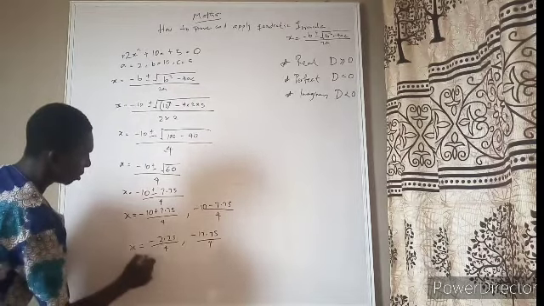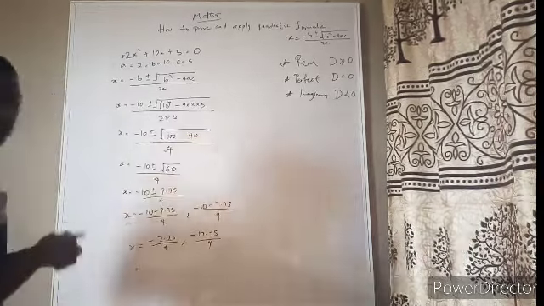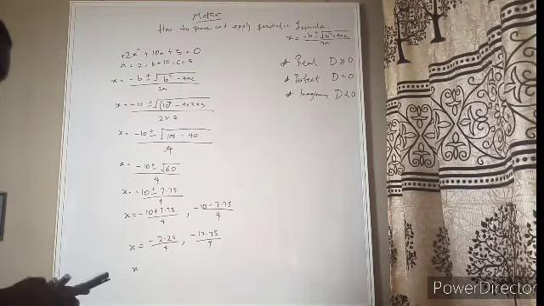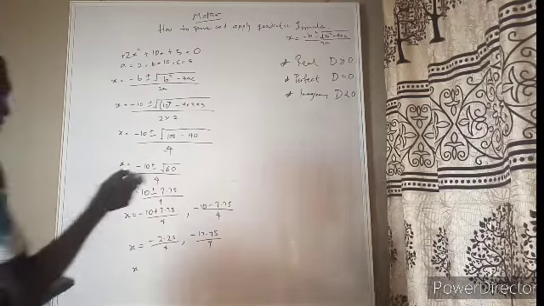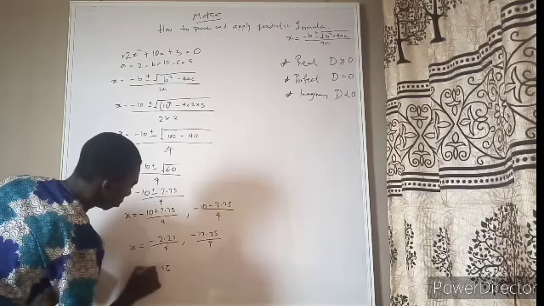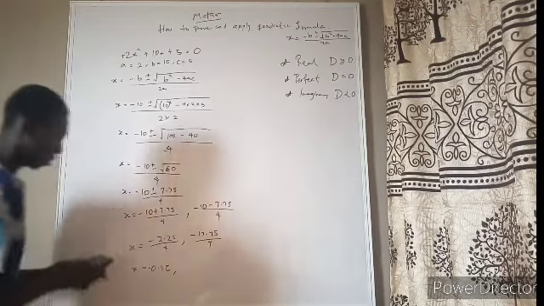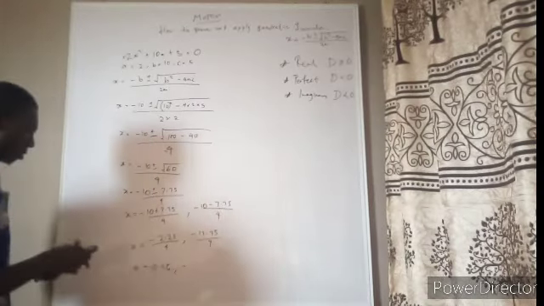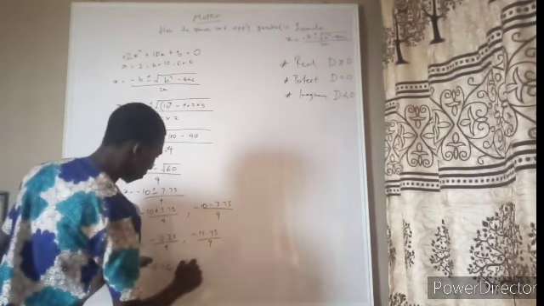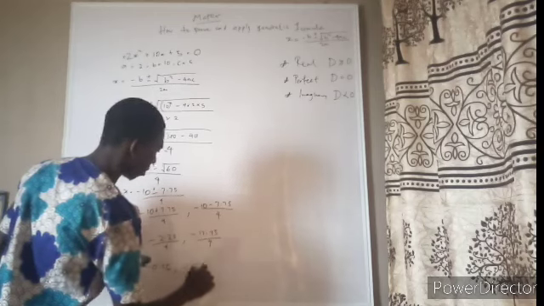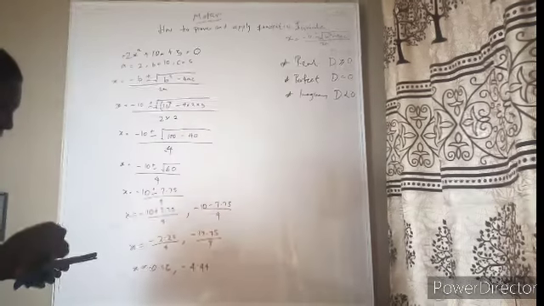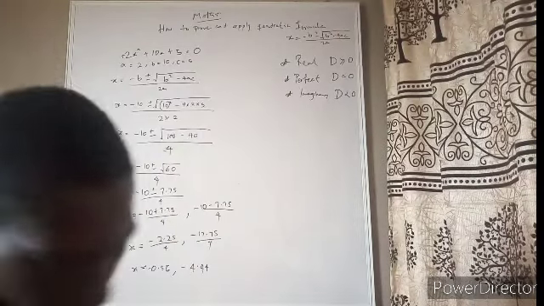Now let's divide. Minus 2.25 divided by 4 is equal to minus 0.56, or minus 17.75 divided by 4, which I have as approximately minus 4.44.